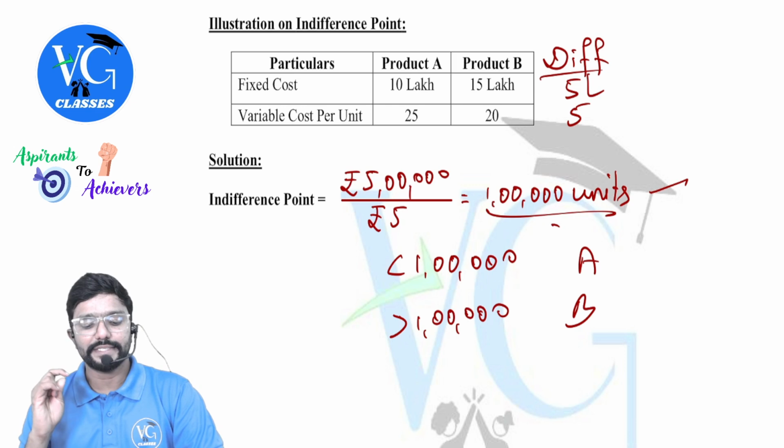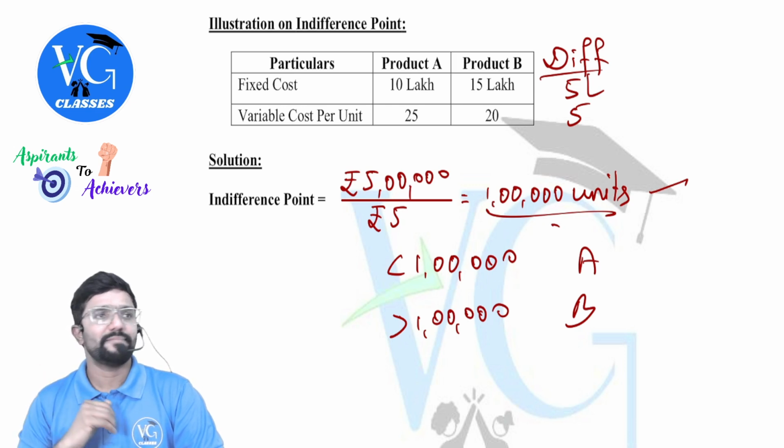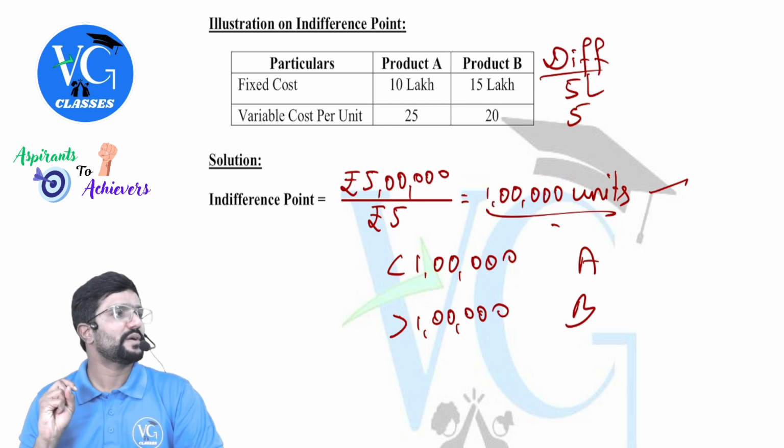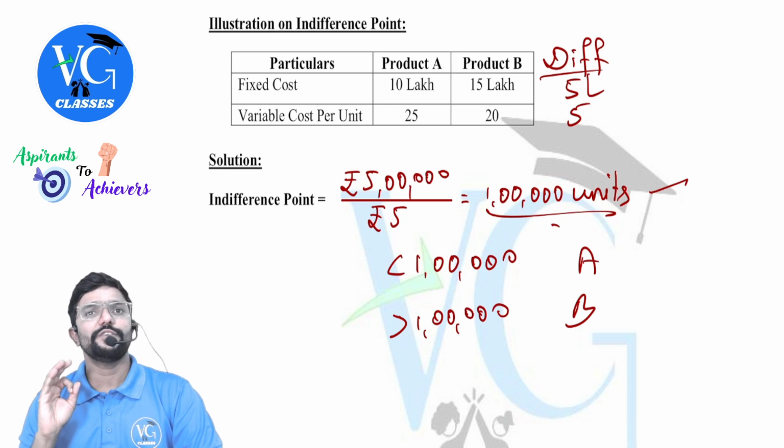That is product A, as per this illustration. So if your sales is less than 1 lakh, then which product is better to produce? Product A.